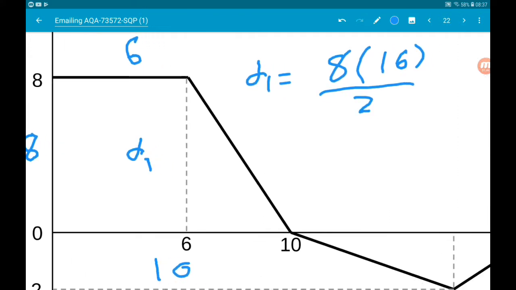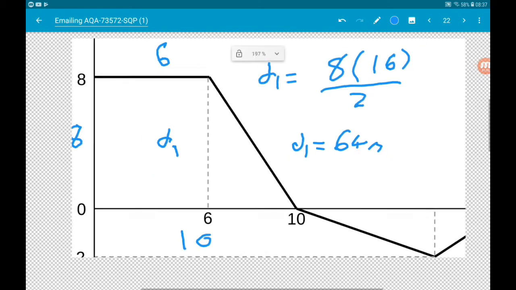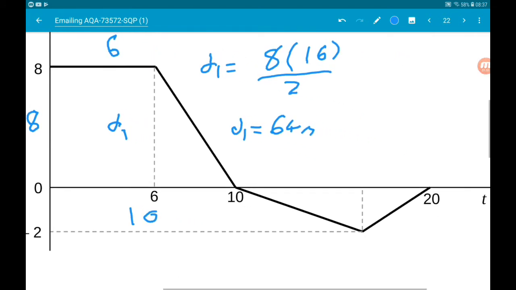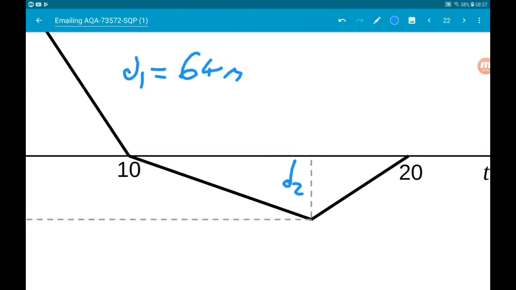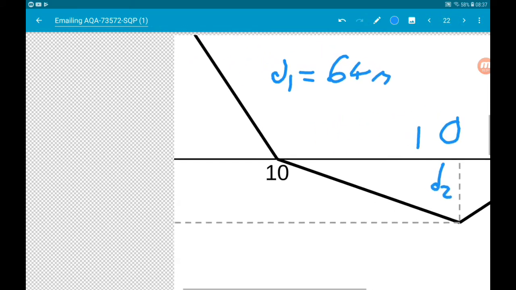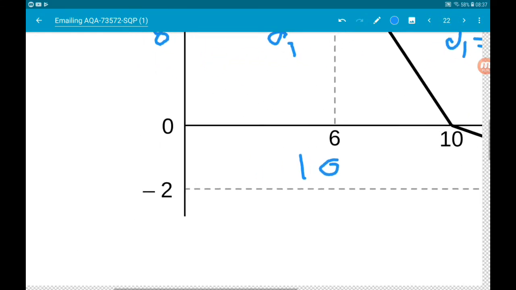So that's 4 times 16, which is 64 meters. And then this other one, let's call it D2. It's a triangle, and we know the base is 10 and the height is 2.